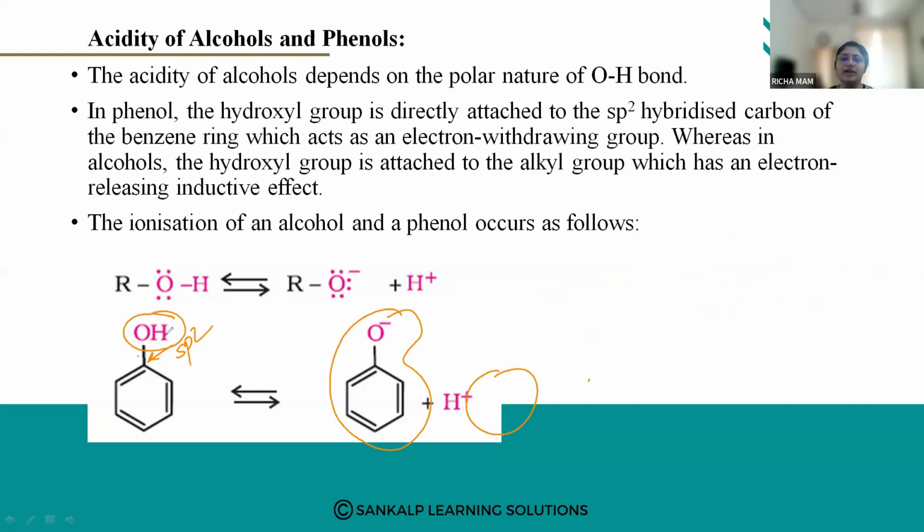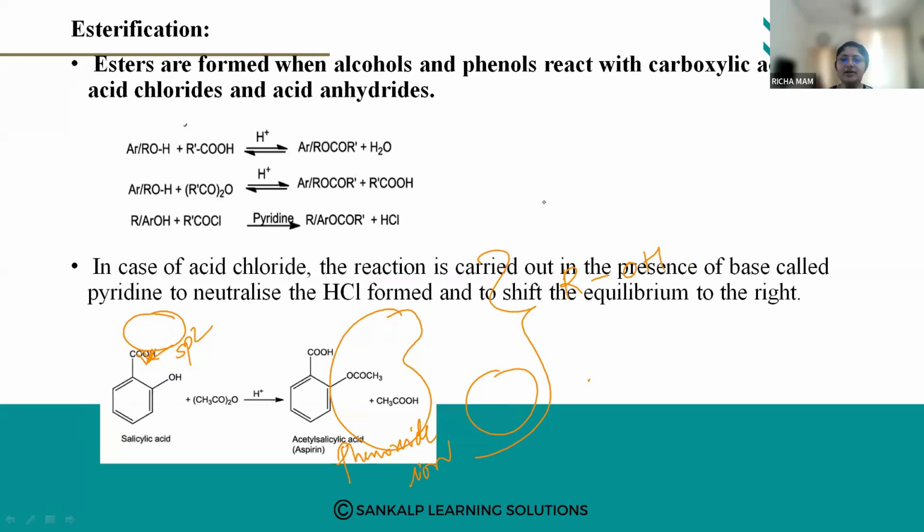But in case of alcohols, the hydroxy group is attached to an alkyl group, which is acting as an electron releasing group. So the OH group will form a phenoxide ion and a proton is formed. Got it? So this is the acidity of alcohols.